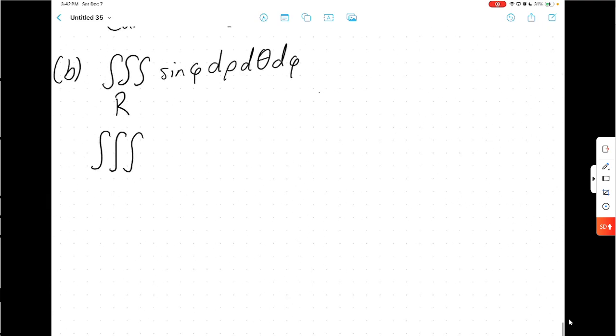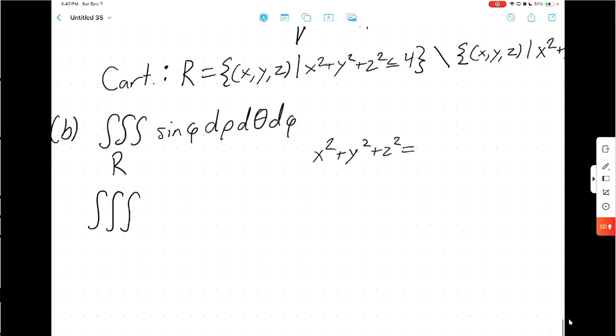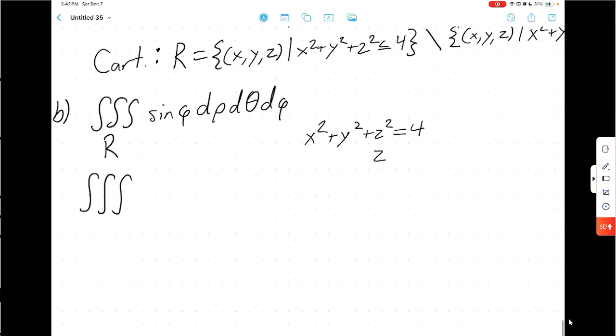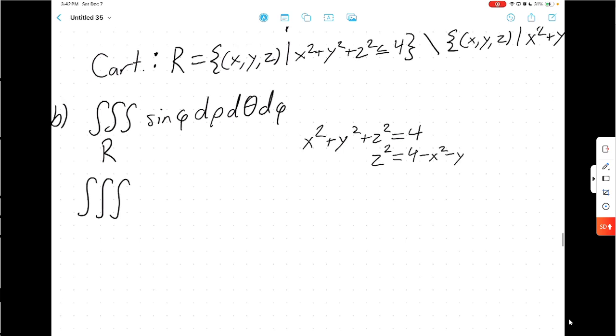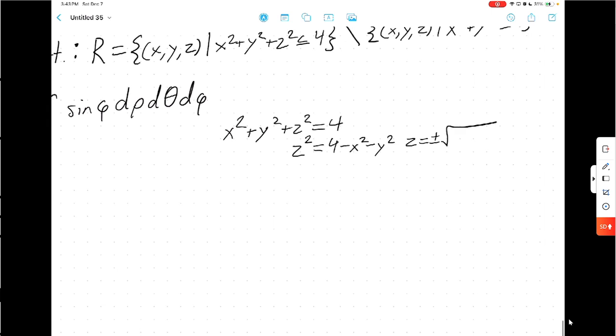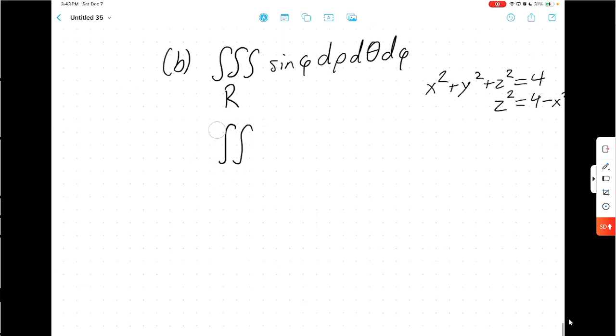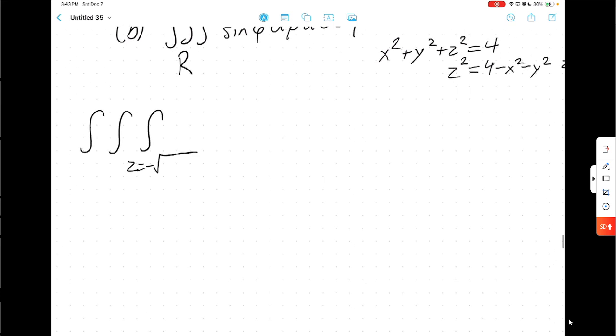The first one is going to be in z. We have x squared plus y squared plus z squared equal to 4, which becomes z squared equal to 4 minus x squared minus y squared, so z is plus or minus the root of 4 minus x squared minus y squared. So z goes from negative root of 4 minus x squared minus y squared to root of 4 minus x squared minus y squared.